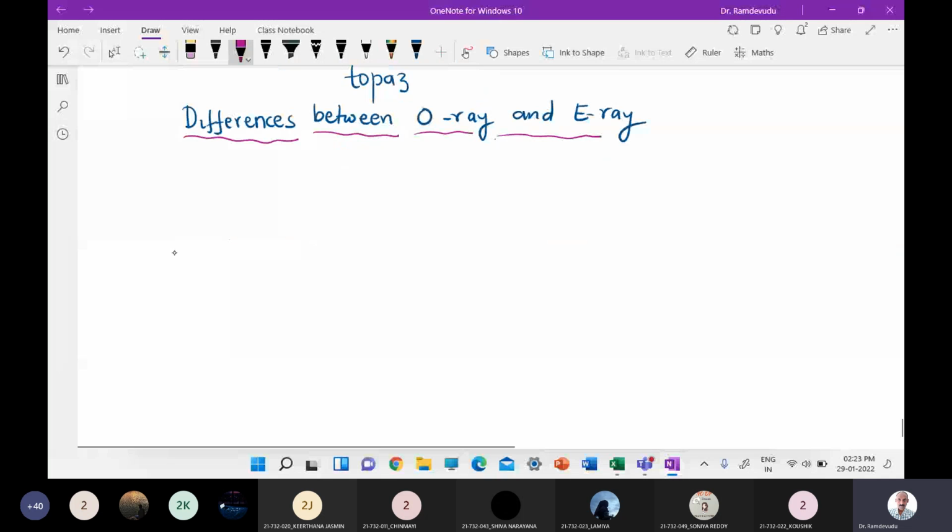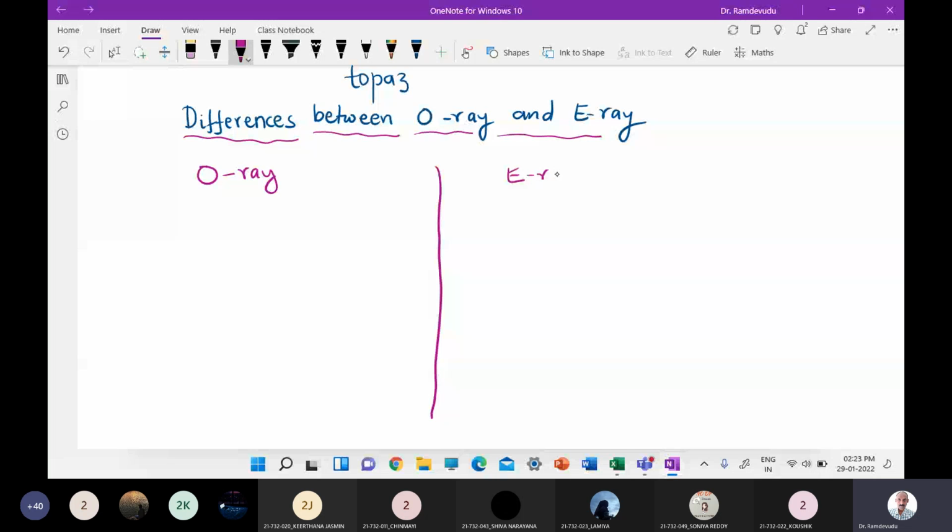So we will now write the differences between O ray and E ray. I take O ray here and compare these properties with E ray. What are the differences between O ray and E ray?